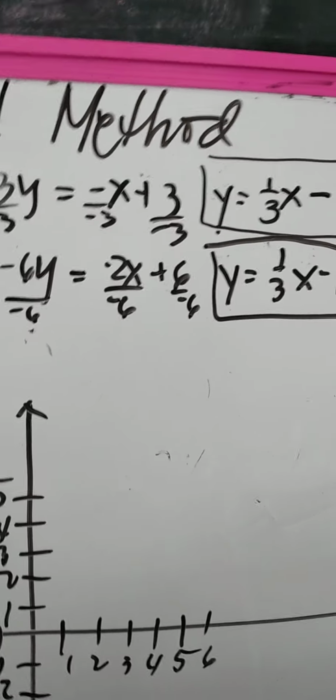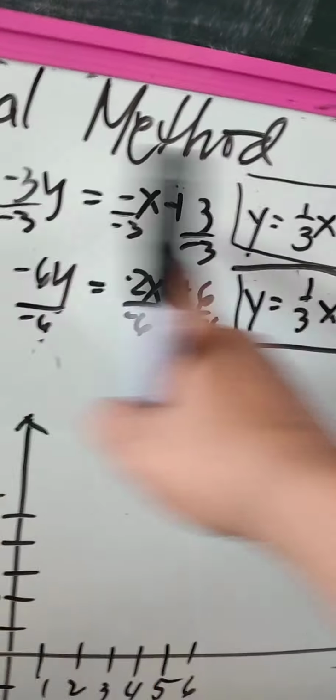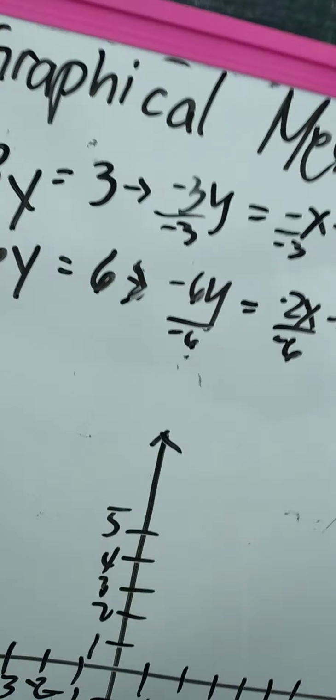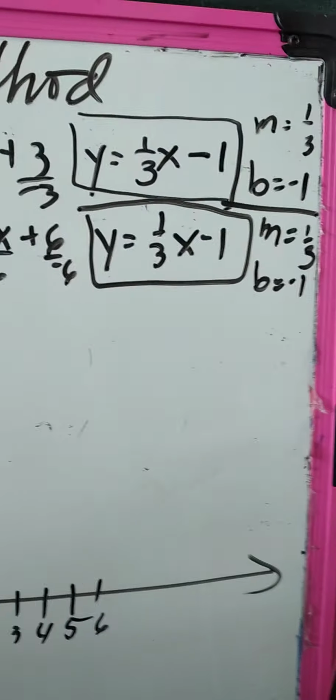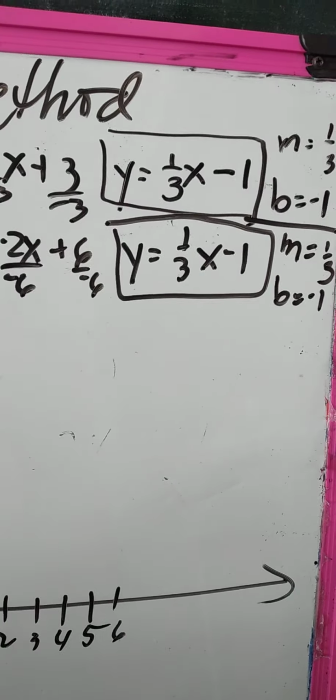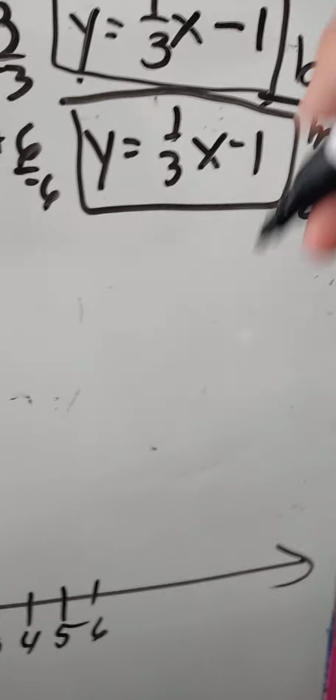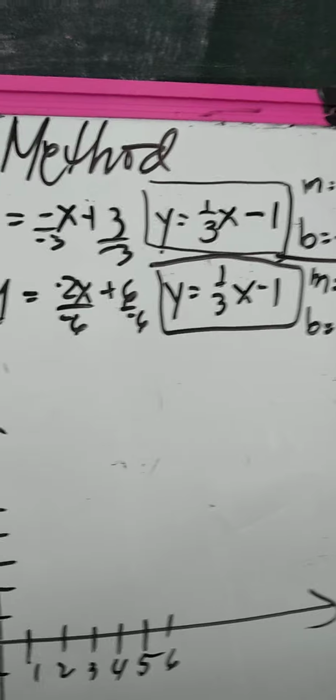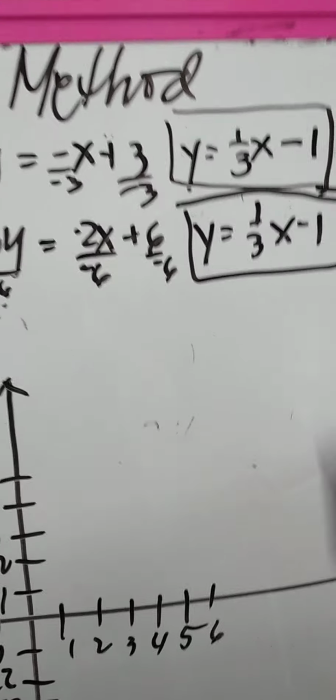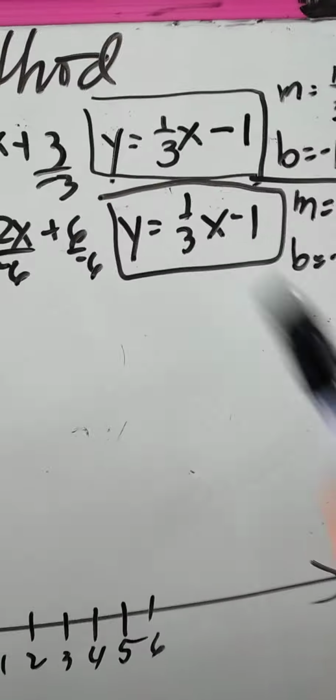Right? So what have you noticed? After simplifying, you end up with the same equations. They are the same. And of course, since they are exactly the same, the m here is equal to the m here, the b here is equal to the b here.